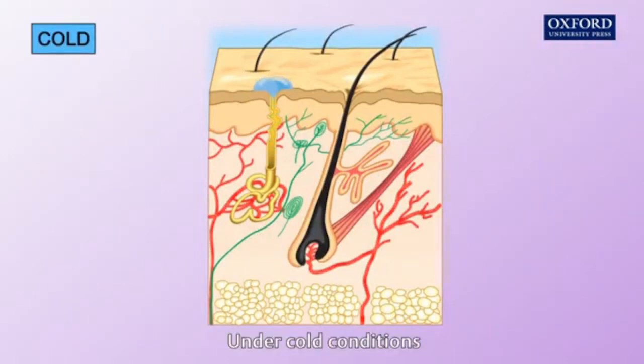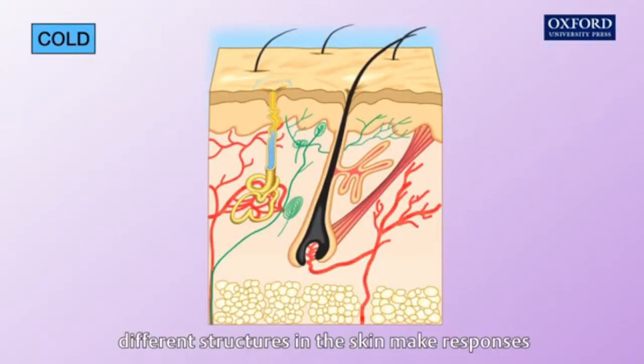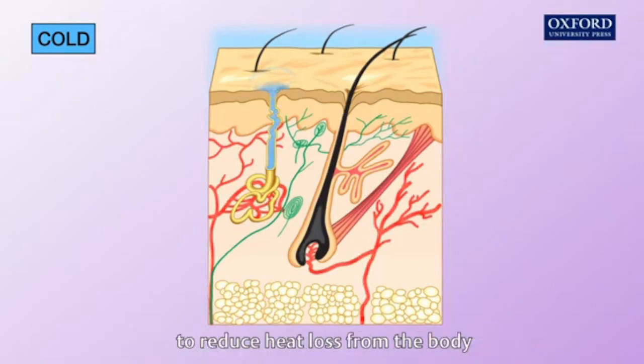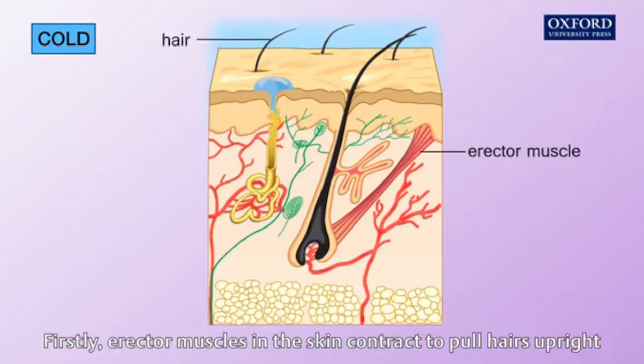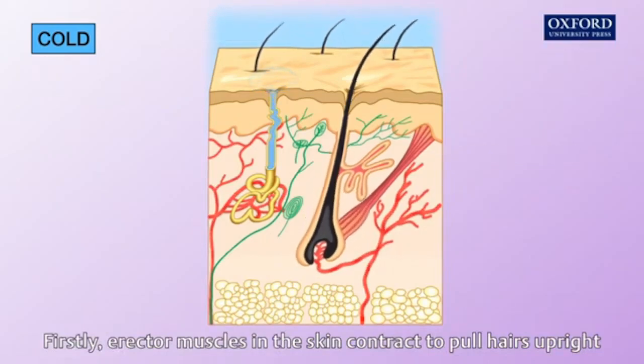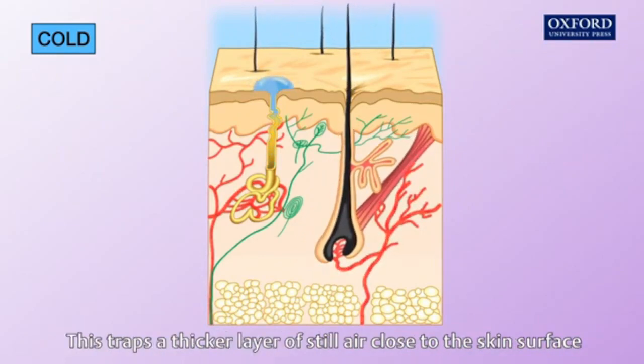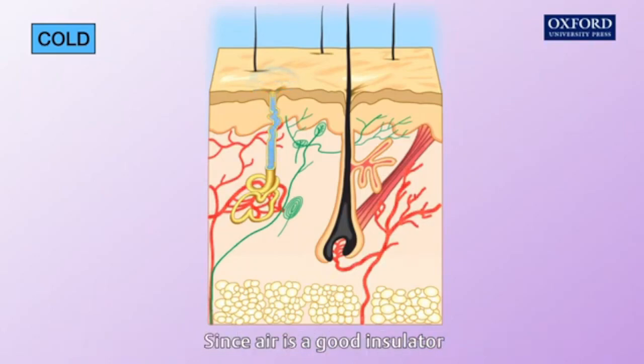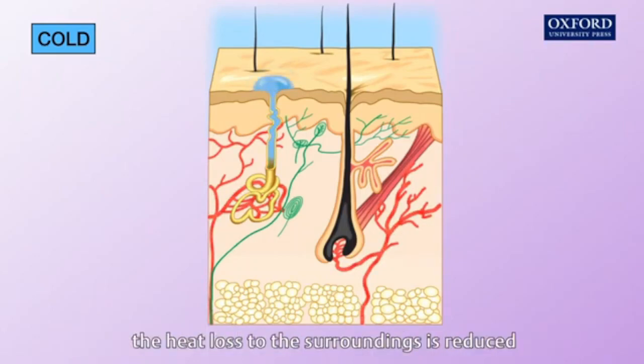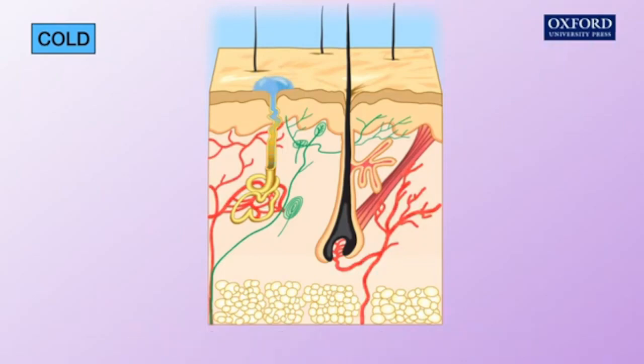Under cold conditions, different structures in the skin make responses to reduce heat loss from the body. Firstly, erector muscles in the skin contract to pull hairs upright. This traps a thick layer of still air close to the skin surface. Since air is a good insulator, the heat loss to the surroundings is reduced.